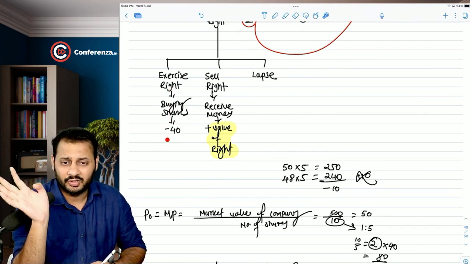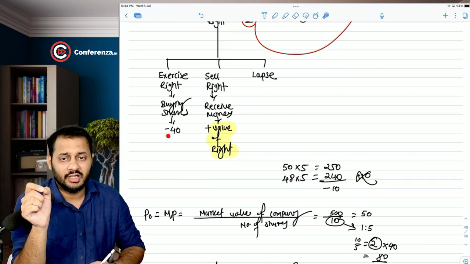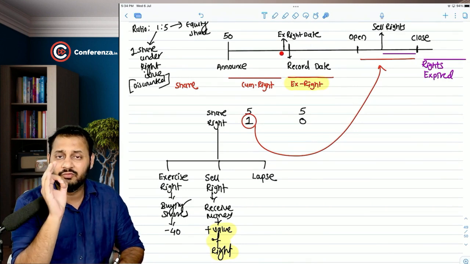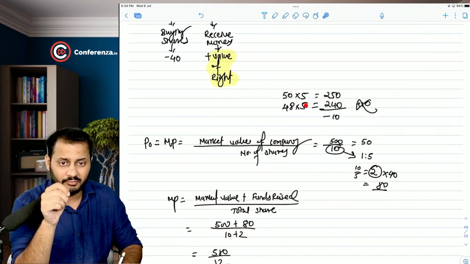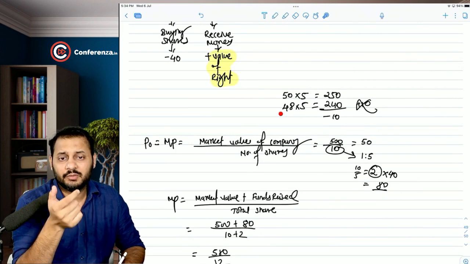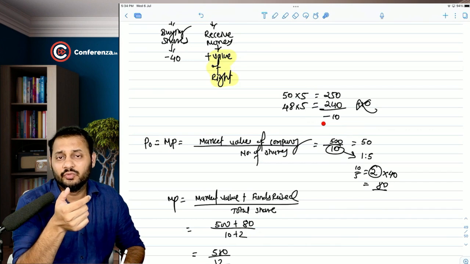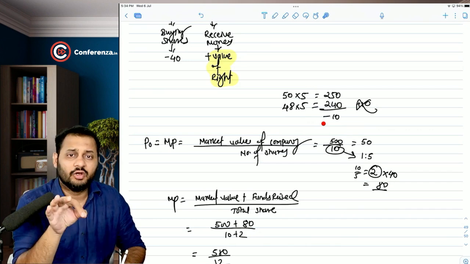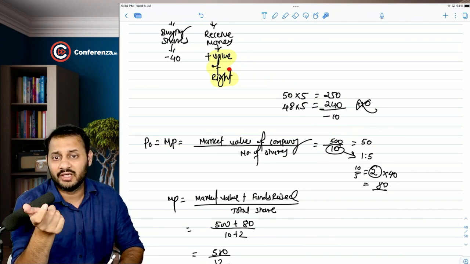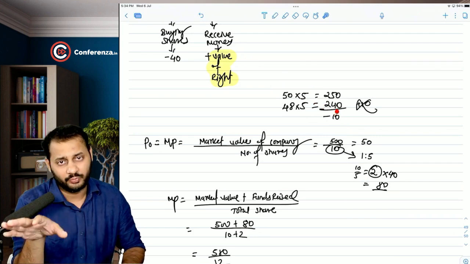But please understand one thing: if I don't buy the share after the X right date, my portfolio will fall, because I will have the same number of shares before and after, but the market price will go down. When the market price goes down, my portfolio value goes down and I will suffer losses. That loss should be the value of the right, because that is how much I should be covering by selling the right, so that I am at no loss, no profit.